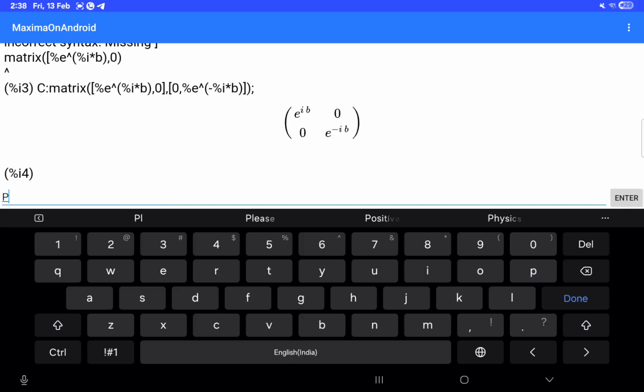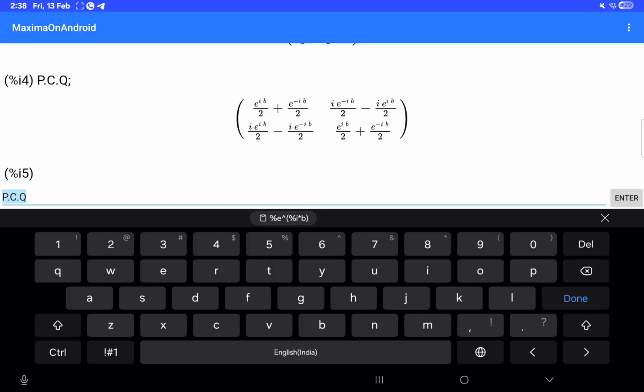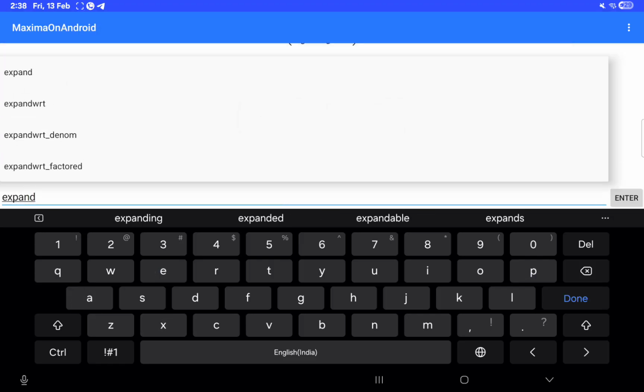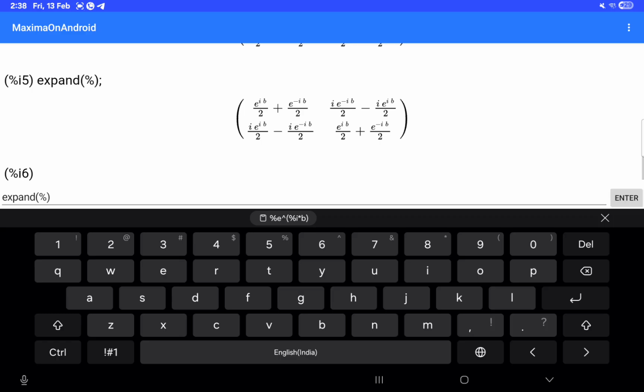So it will be P times C times Q. And I just expand this. If you look carefully, you will see that all these entries will be real.